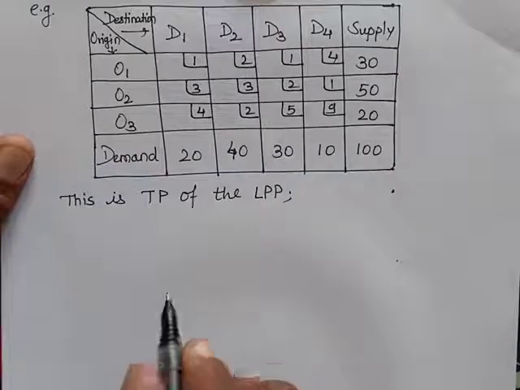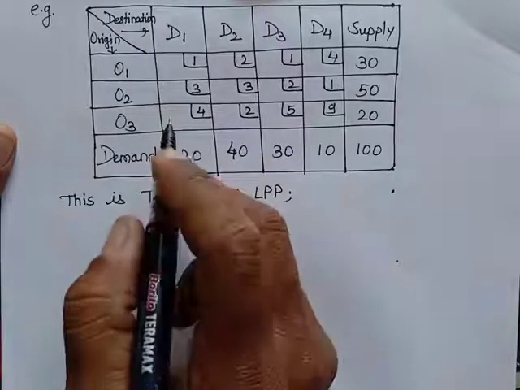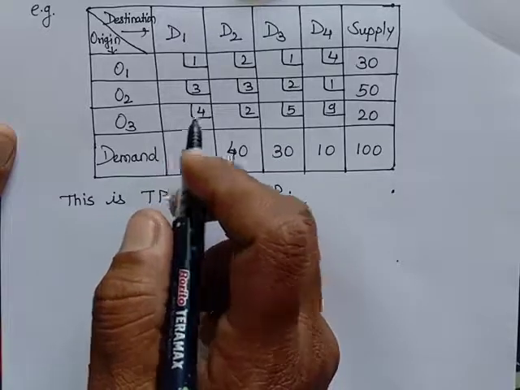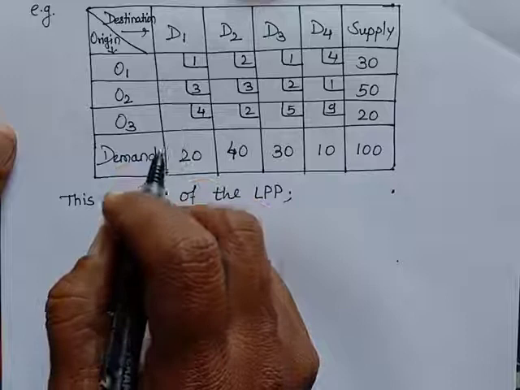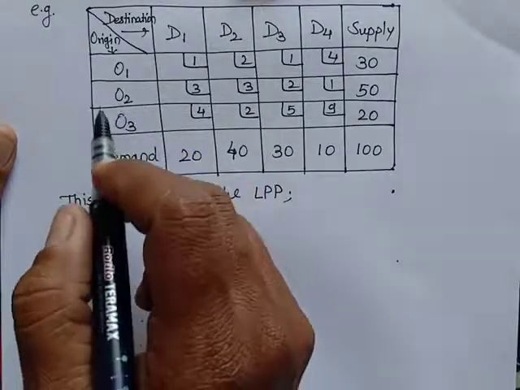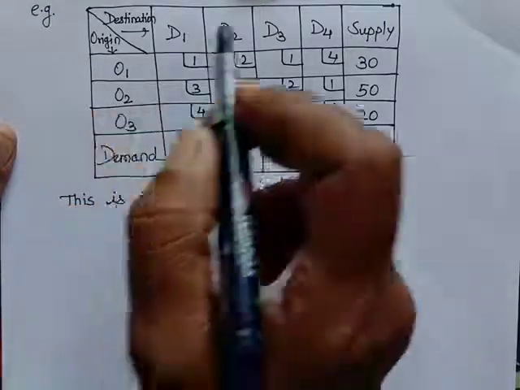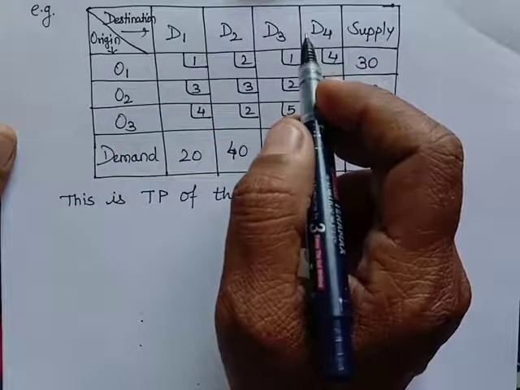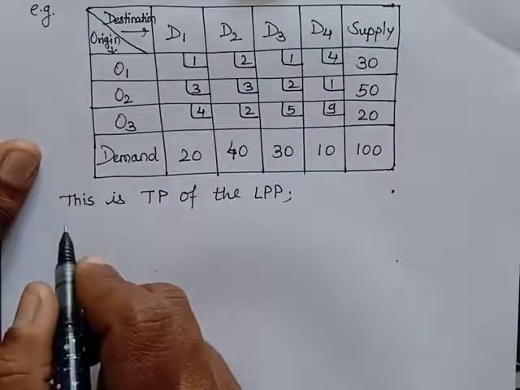Let's write the LPP now. What was the objective function? We know, and also in the definition we have seen, that the transportation cost we have to minimize while transporting the quantities from one origin to another destination. So here the objective function should be of minimization type.